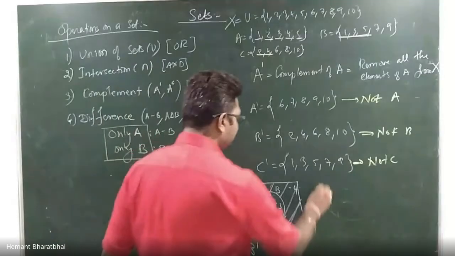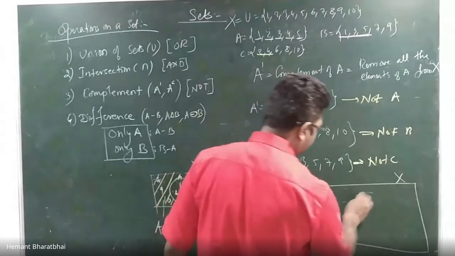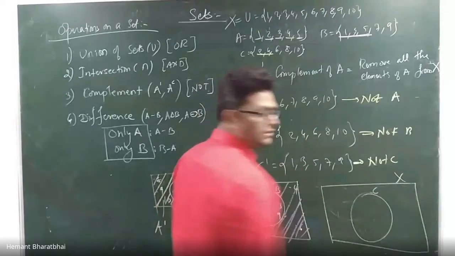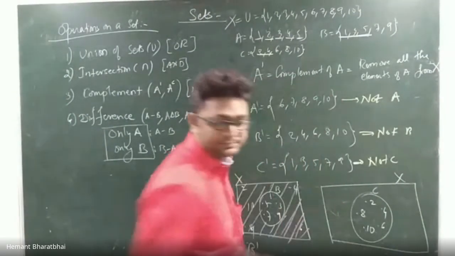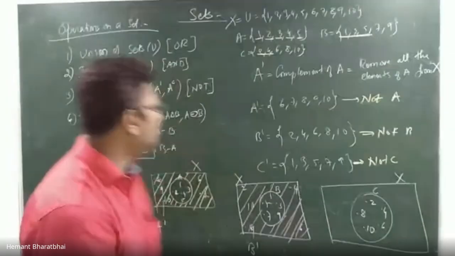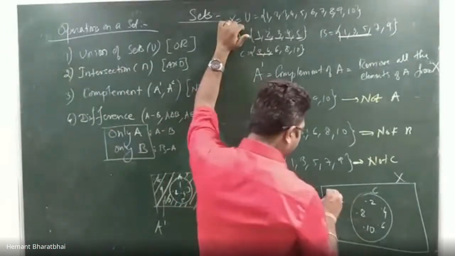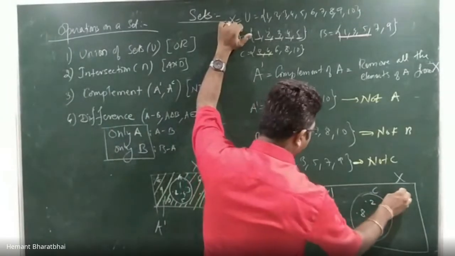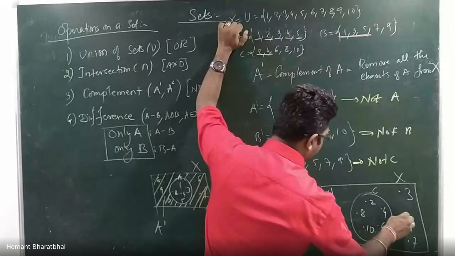Similarly, if I want to draw a Venn diagram of C complement, again I will take a universal set. I'll draw the set C. I'll write the elements in C, which are 2, 4, 6, 8, and 10. And all the remaining elements which are not there, I'll write over here. Those are 1, then 3, then 5, then 7, then 9.